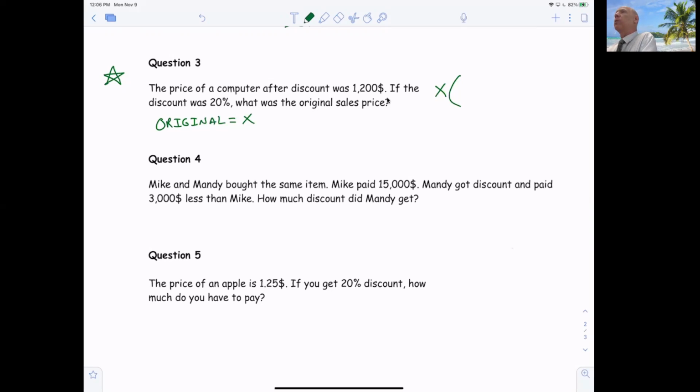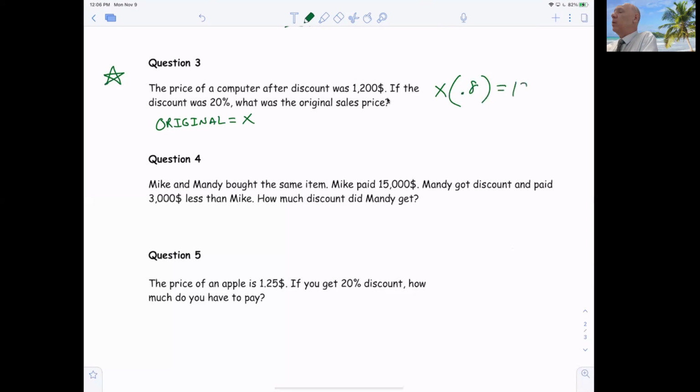Remember, you got a 20% discount. So normally you would pay what percentage? So if you get a 20% discount, that means you only had to pay what? Yeah, you only had to pay 80% of the original price. If you pay 80% of the original price, how much did you have to pay?